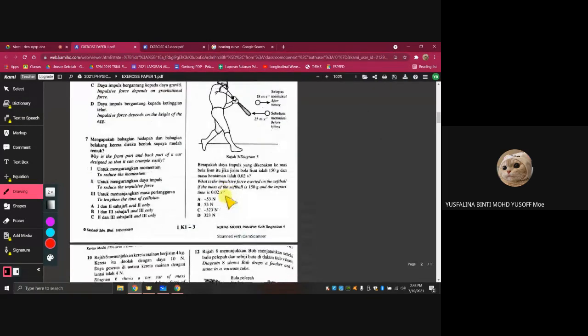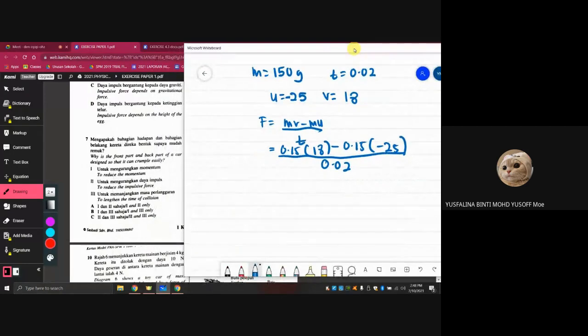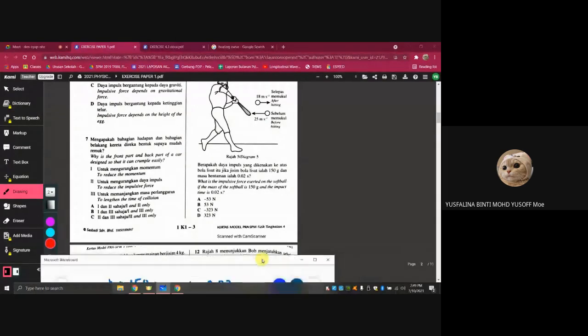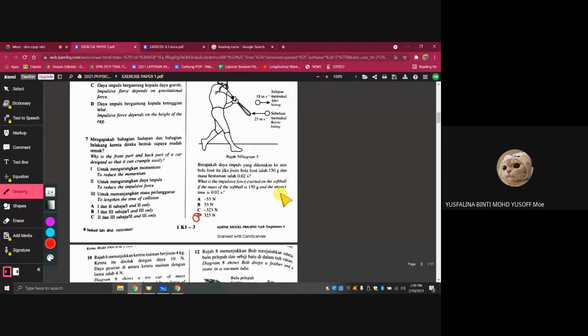Number 7. 3 to 2.5. So if you round off, you will get 3 to 3 Newton. Okay, 3 to 3 Newton.